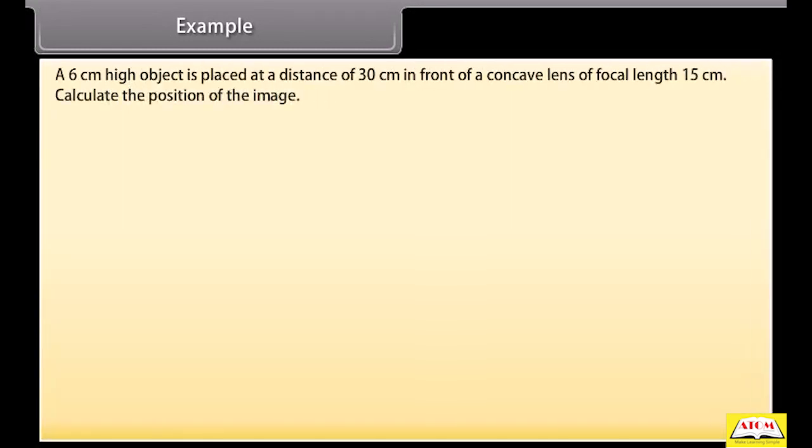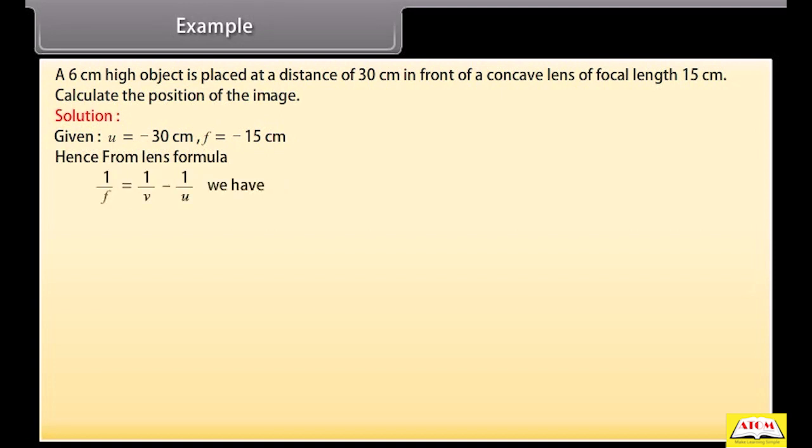Example. A 6 cm high object is placed at a distance of 30 cm in front of a concave lens of focal length 15 cm. Calculate the position of the image. Solution. Given u is equal to minus 30 centimeters, f is equal to minus 15 centimeters. Hence, from lens formula, 1/f = 1/v - 1/u.